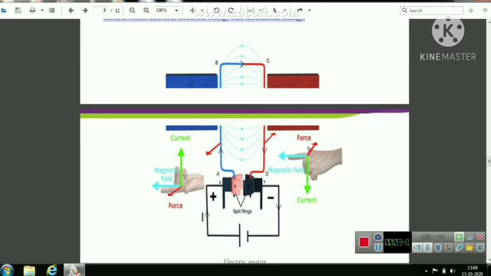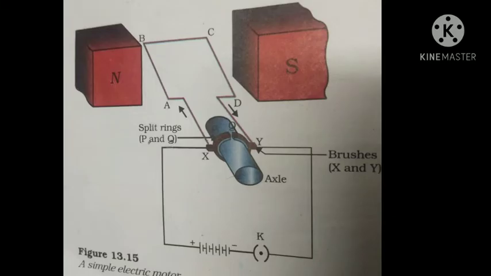Do you know how an electric motor works? Now, as shown in the figure, an electric motor consists of a rectangular coil ABCD of insulated copper wire. The coil is placed between the two poles of a magnet such that the arms AB and CD are perpendicular to the direction of the magnetic field. The ends of the coil are connected to the two halves P and Q of a split ring.